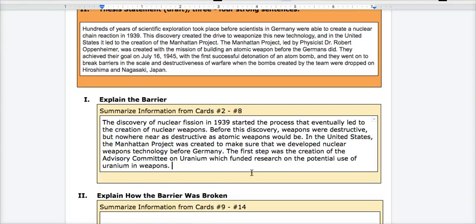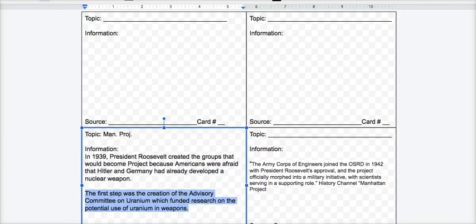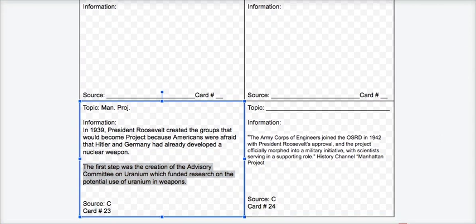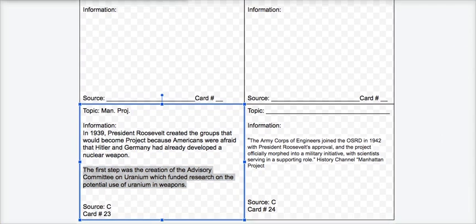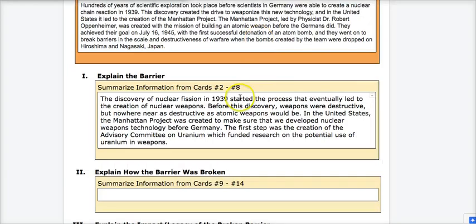The other thing that I want you to do here is make sure that as you are taking information from sources, you note those on the outline. So I have to put source C because I definitely used that one.